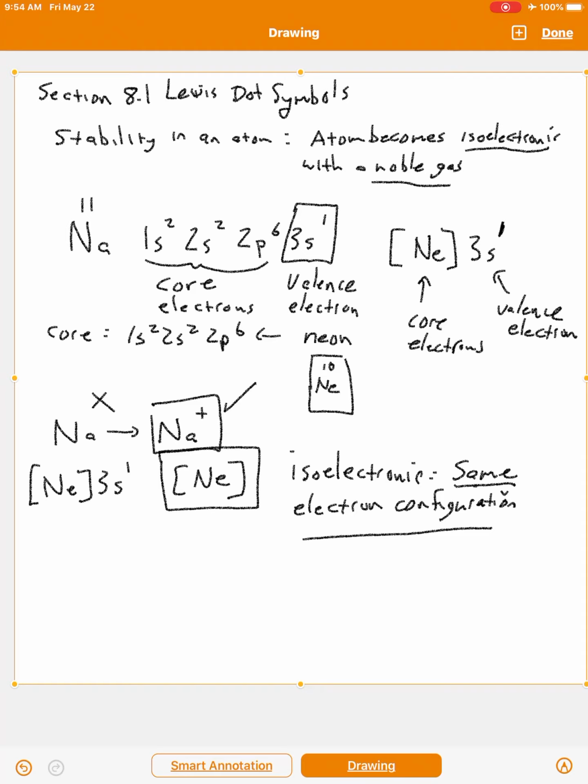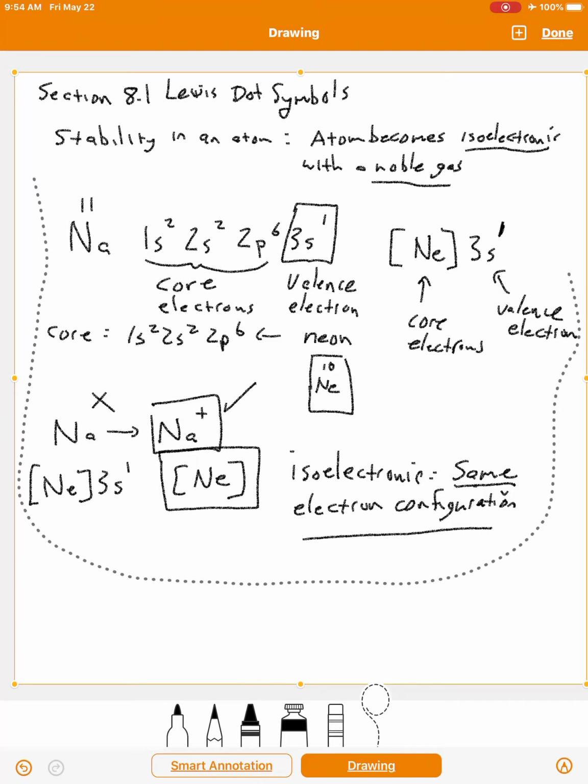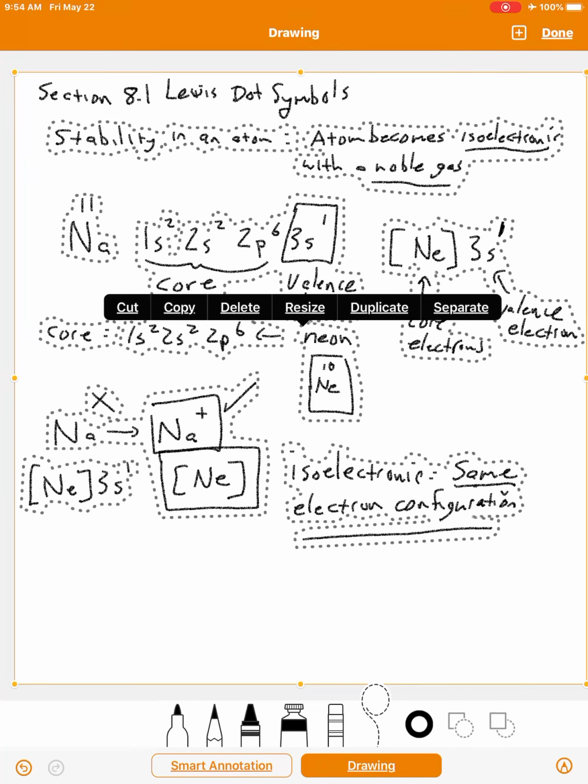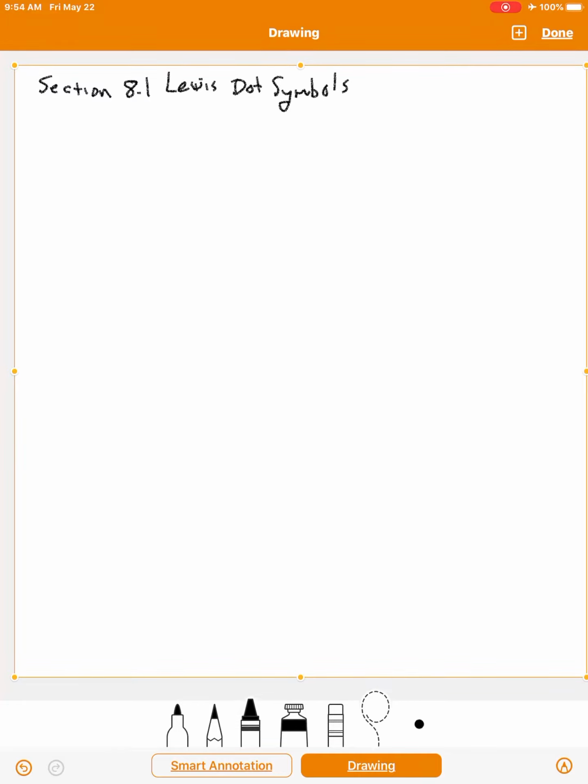That's the idea of isoelectronic. A powerful claim by Lewis, and evidence suggests there's a lot of truth to it.